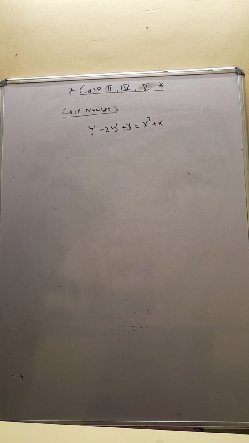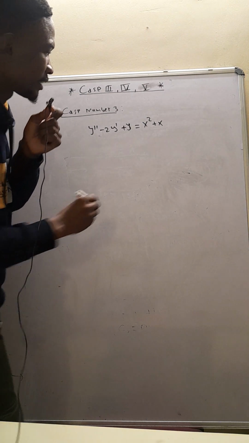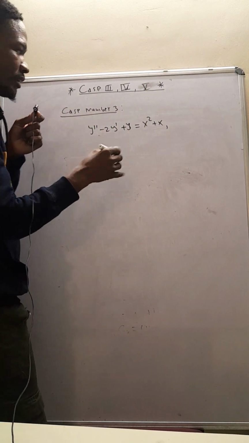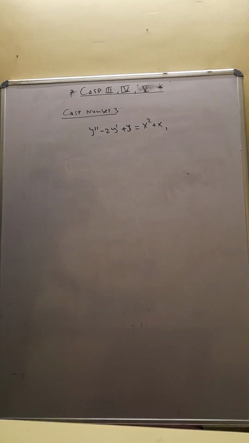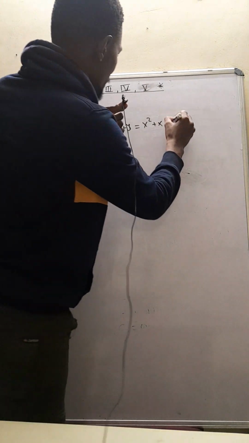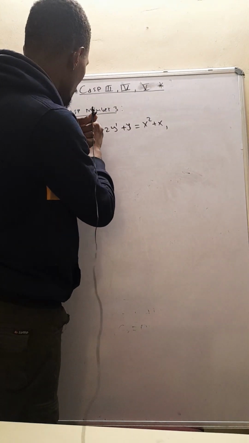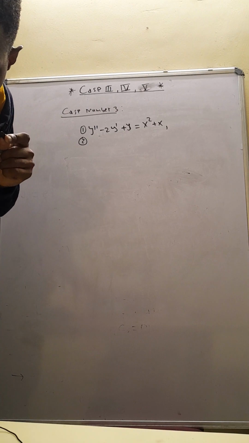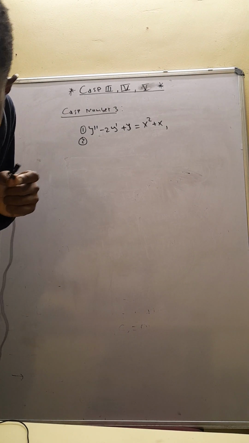Suppose we have this, and I will also write 3 exercises here, 3 questions, so that we can easily do them. So this is the first one. The second one, I will write here.